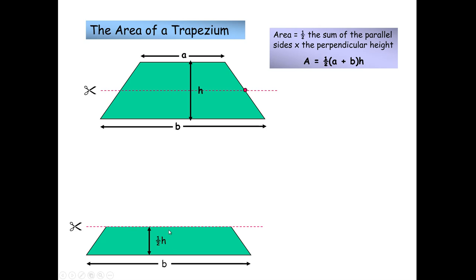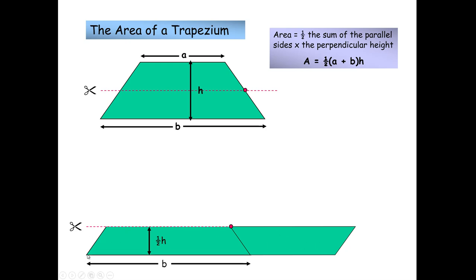Since I cut it in half, I've got half the height. When I flip the lid, I end up with a shorter shape, half the height, but a longer one.